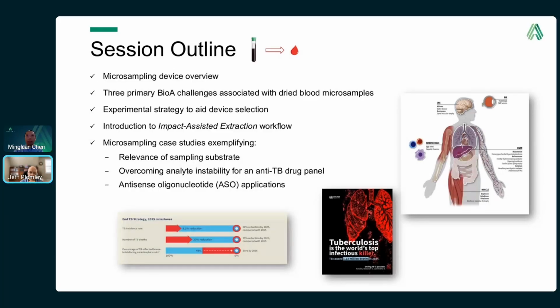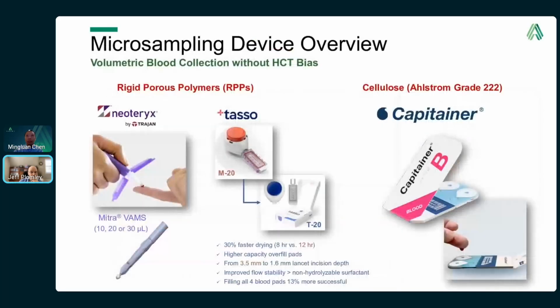And then we're going to look at some microsampling case studies that exemplify the relevance of the sampling substrate. And then look at two case studies, one for anti-tuberculosis drug panel and antisense oligonucleotide applications, both of which are extremely relevant as therapeutic applications.